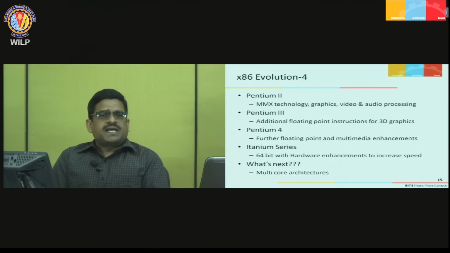If we try to understand the difference between the 8086 and the Pentium, one thing is the number of bits the processor can process, which increased from 4 to 8 to 16 to 32 to 64. Another thing is the amount of memory it supports, along with additional functionalities like supporting multitasking and the processing of multimedia data, graphics, and audio and video processing.